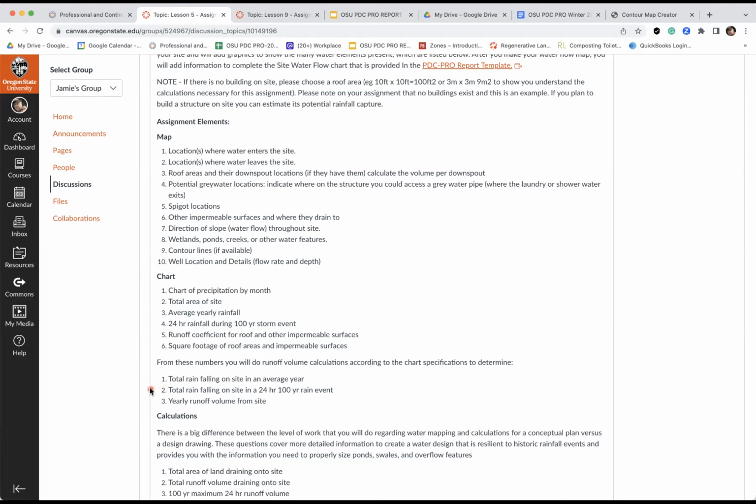Obviously, if you're going into drier regions, Southern Oregon and California, that number is going to be lower, but it's still quite significant. So with all that, you're going to know your yearly runoff volume, how much water falls on your property. And for most urban sites, they're really set up to take water off the roof, off any of the land, and into the storm system as quickly as possible.